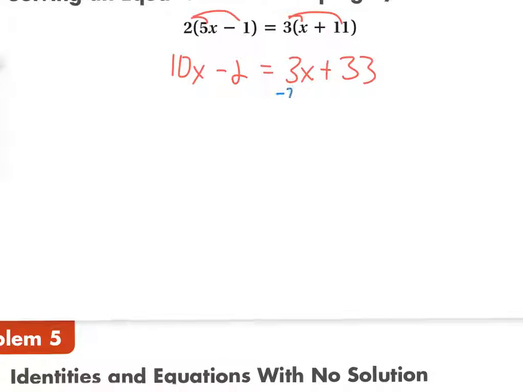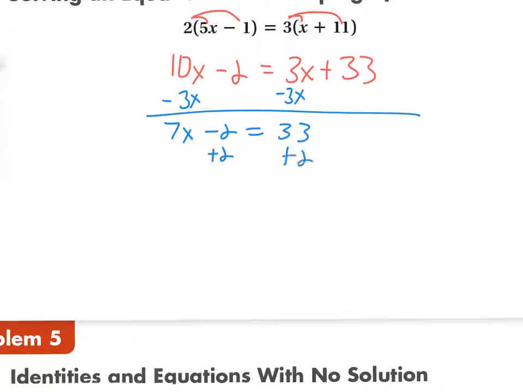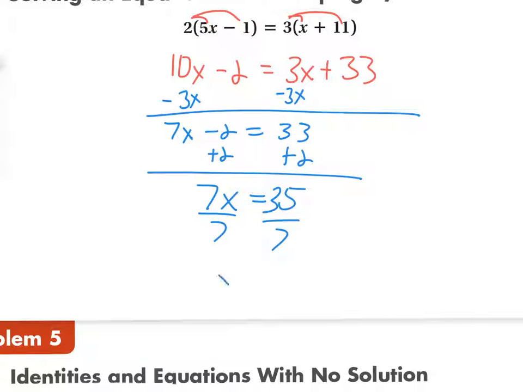So we want to get all our variables on the same side, so I take away the lowest one. That gives me 7x minus 2 equals 33. We want all the constants or numbers on the other side, so I can add 2 to both sides. I get 7x is equal to 5, or I'm sorry, 35. Divide both sides by 7, and I get that x is equal to 5.